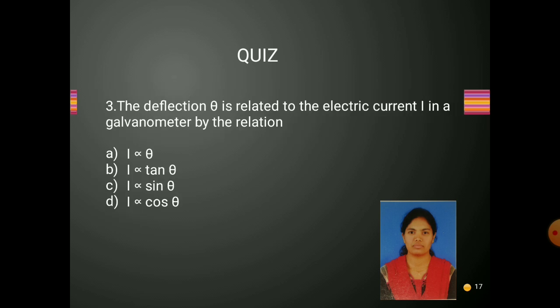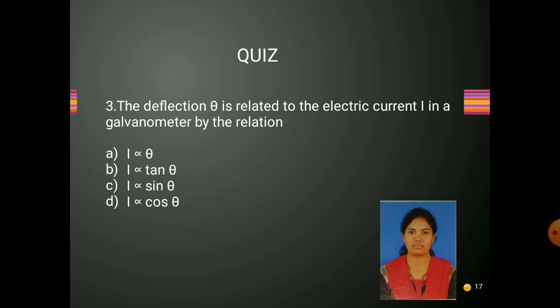The deflection theta is related to the electric current I in a galvanometer by the relation: I is proportional to theta, or tan theta, sin theta or cos theta. It is proportional to theta. Simply, it is proportional to the angle of deflection.